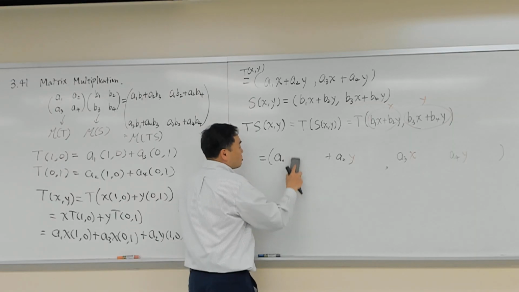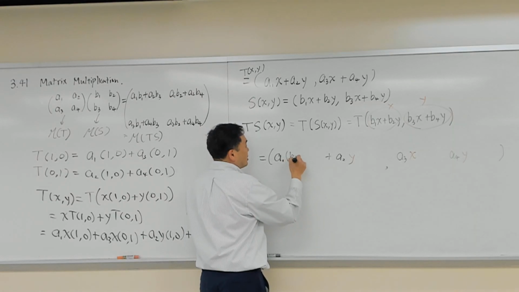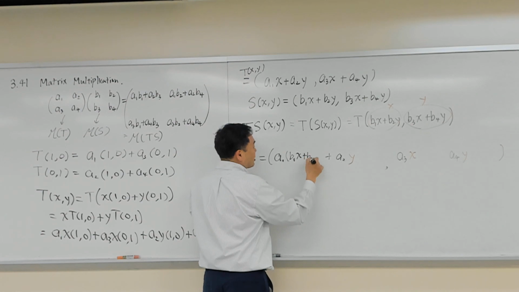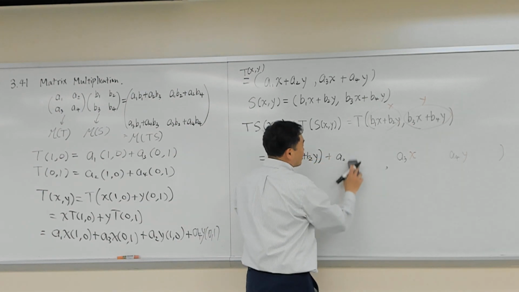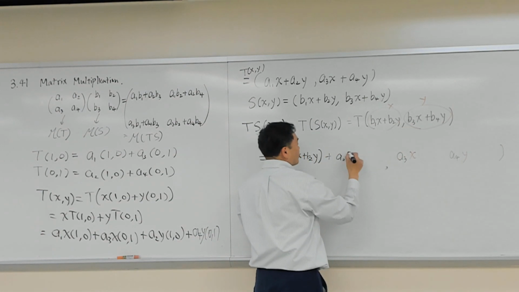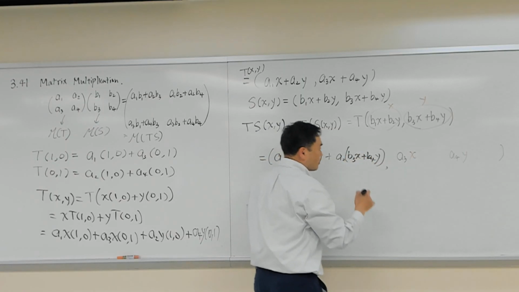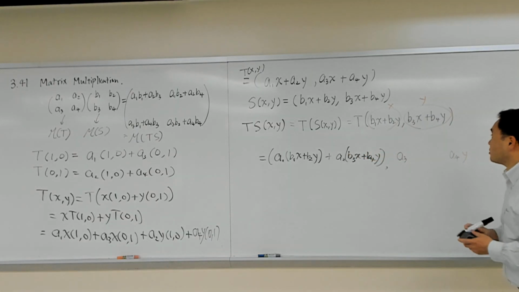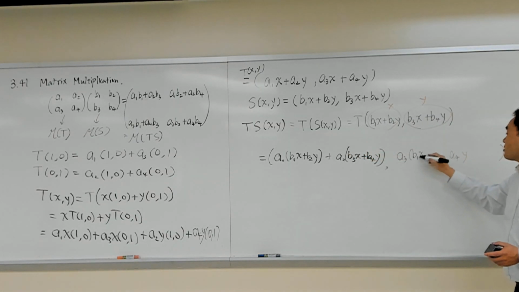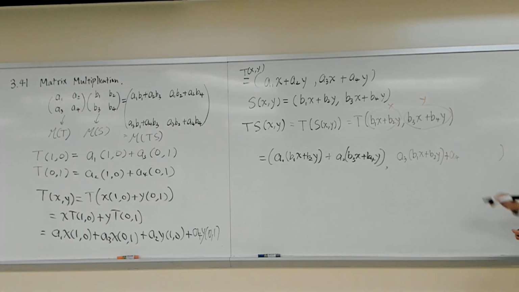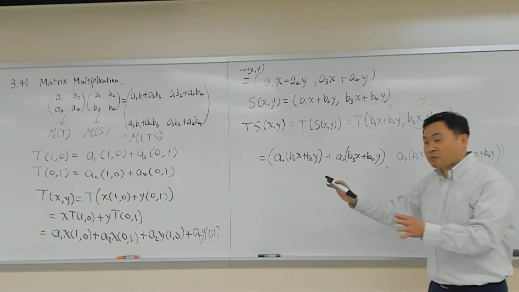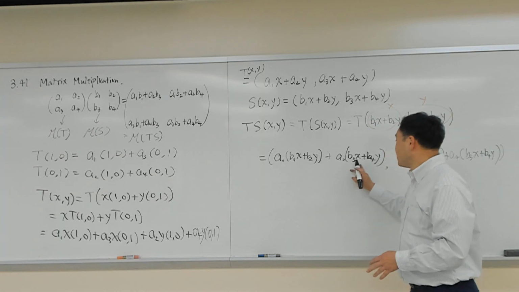So I should really be writing B1x plus B2y for x, and instead of y, I should be using B3x plus B4y. Okay? Now let's expand and organize in terms of x and y.